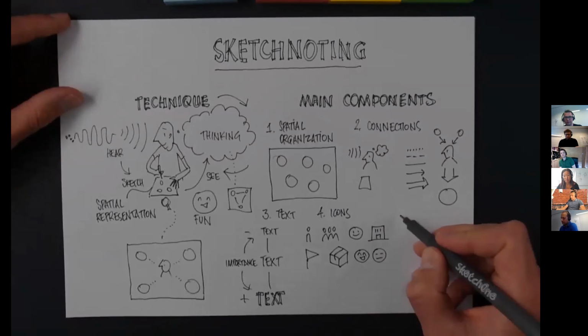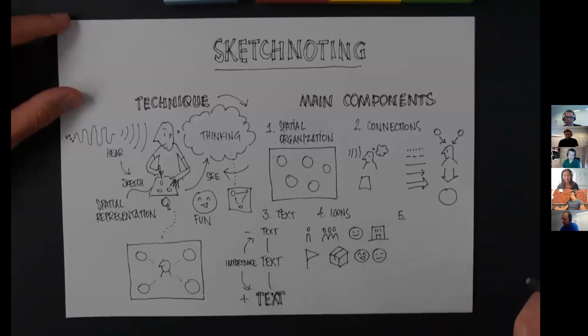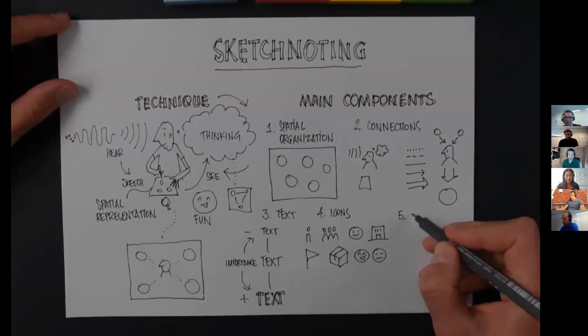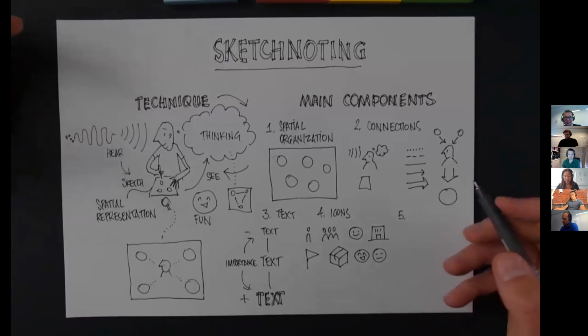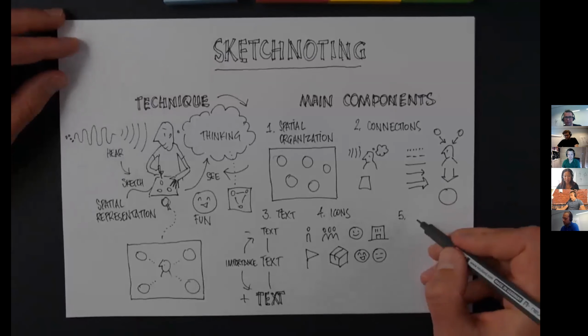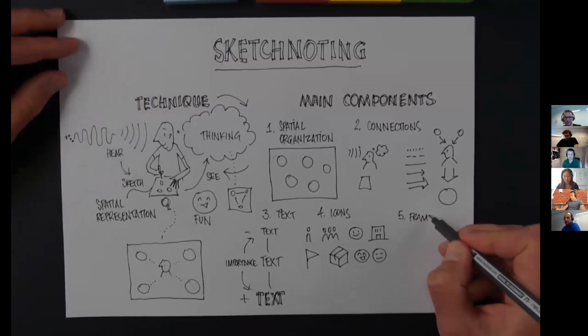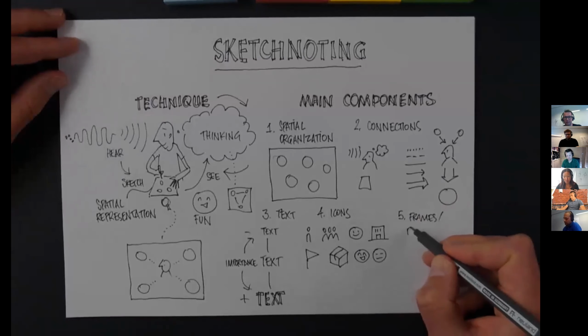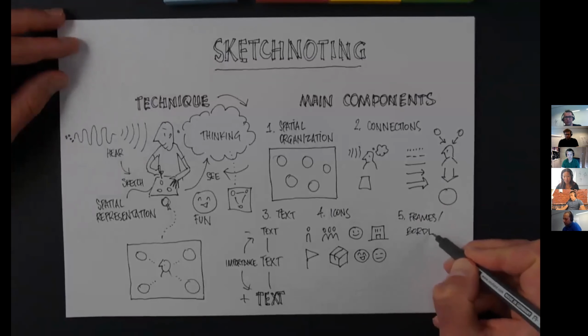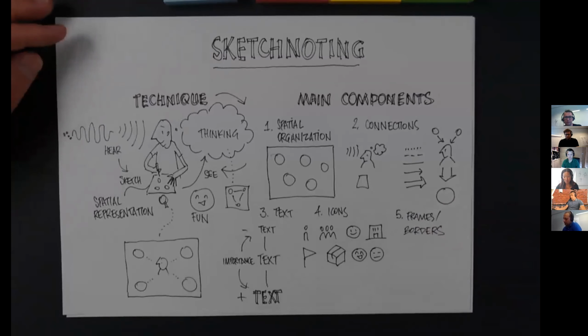And then you can also remember that visual thinking and sketchnoting in particular is also effective through the use of frames and borders. I will show you what that means.